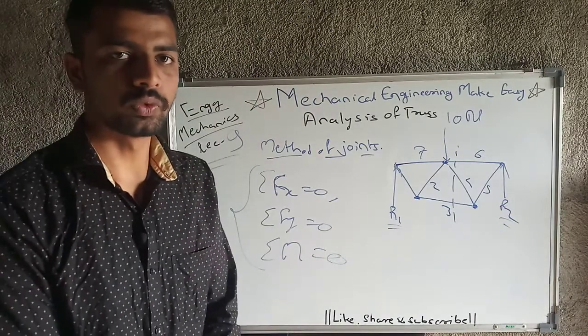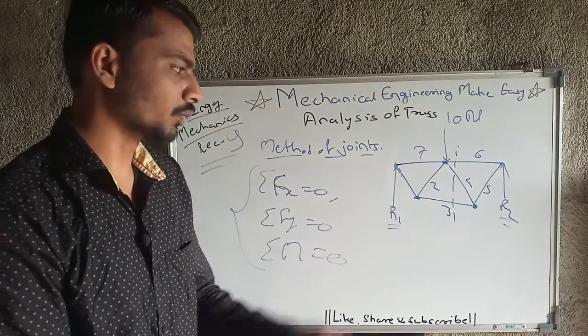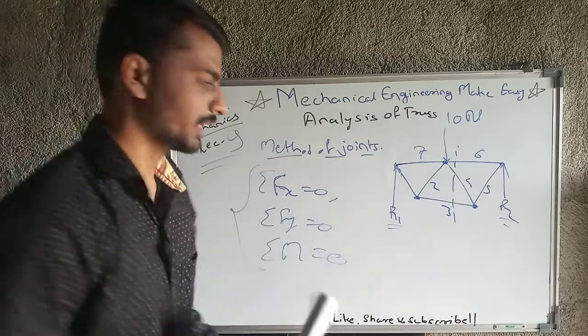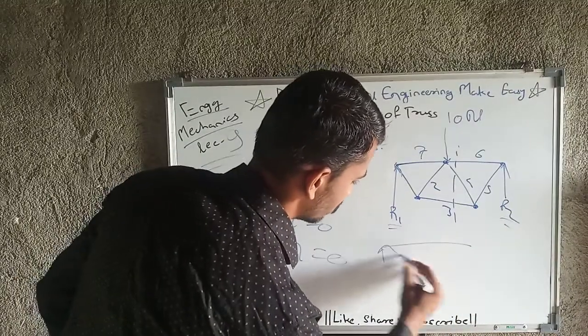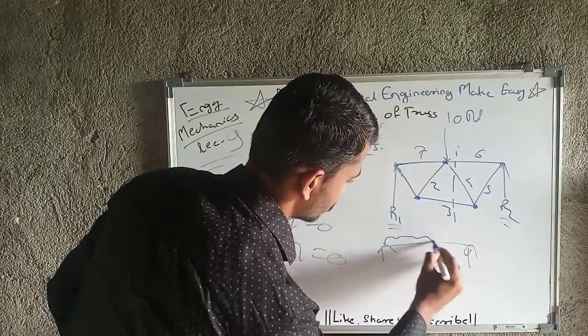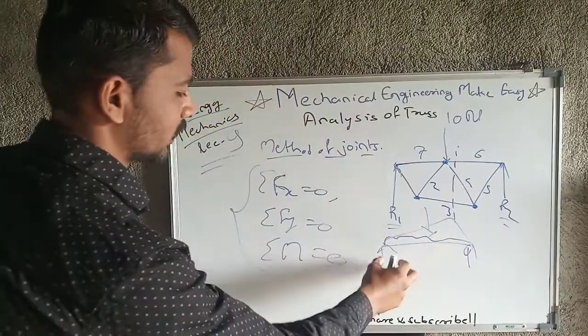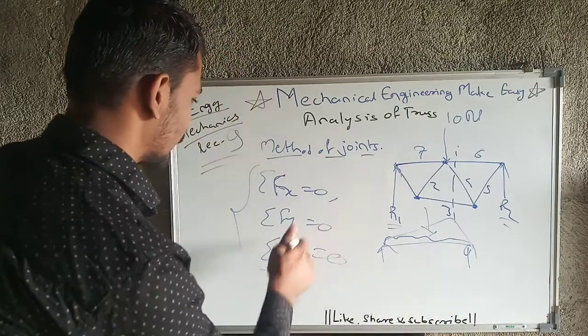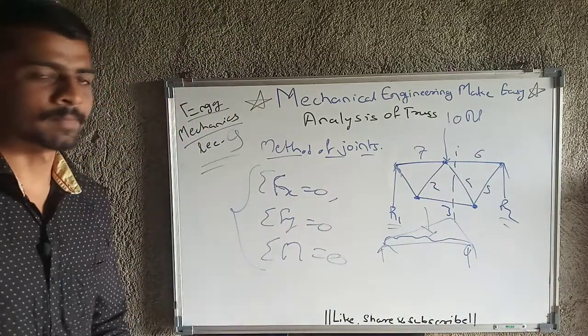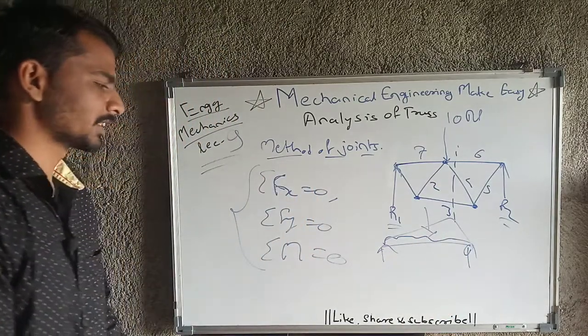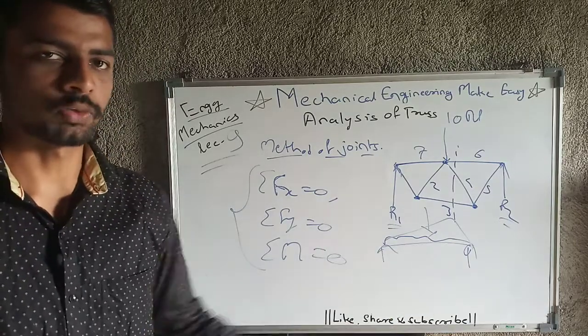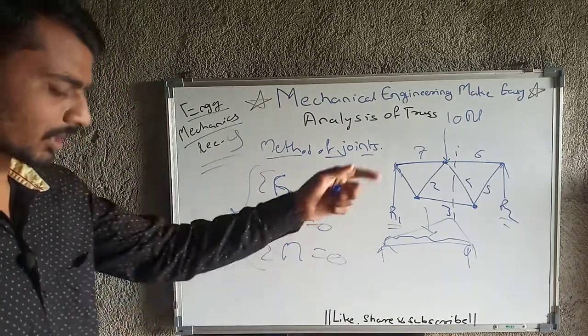In case of SOM, for calculation of reactions, there may be one simply supported beam, and on that beam there may be UDL, UVL or point load, and depending on that we calculate the reaction components. Again here it is also the same case. We are going to calculate the reaction components the same as in SOM.